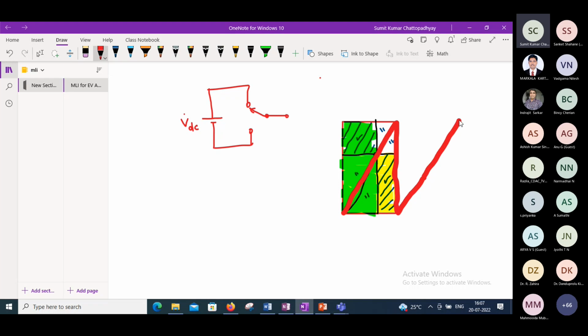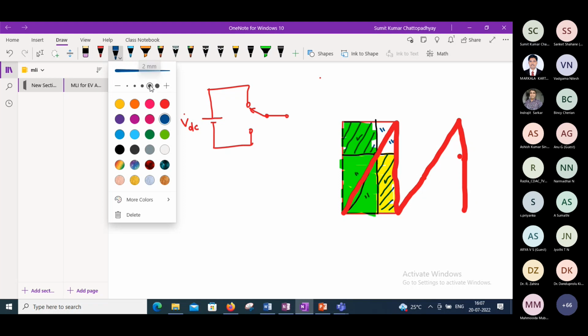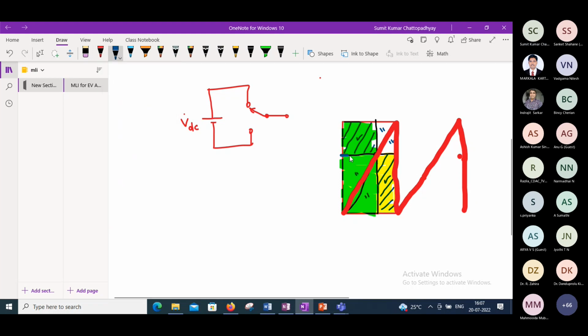This gets continued for multiple cycles. So this is the sawtooth wave, and at a given instance, this is the reference. And what we know, if the reference is higher than the carrier wave, there is a comparator, then that switch turns on, or that switch connects to this plus VDC.